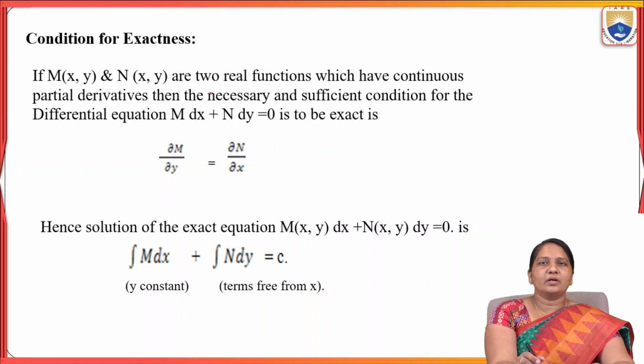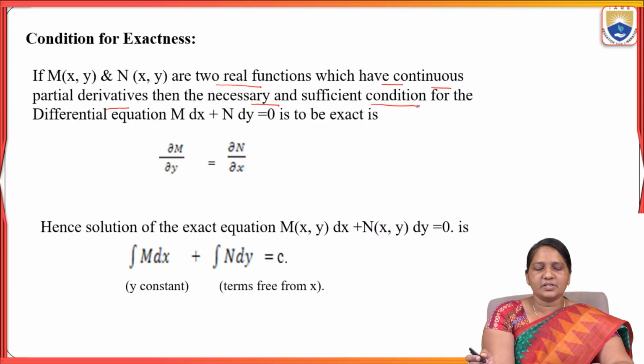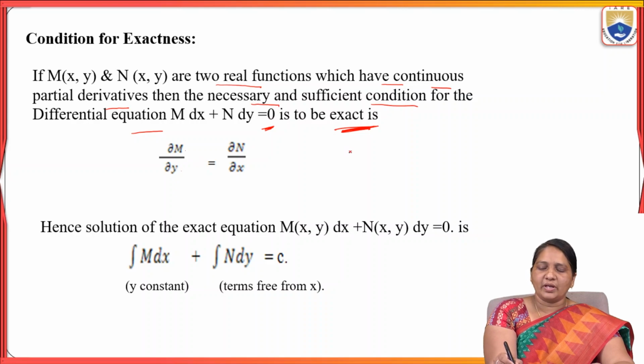If M of x comma y and N of x comma y are two real functions which have continuous partial derivatives, then the necessary and sufficient condition for the differential equation M dx plus N dy equal to 0 to be exact is dou M by dou y equal to dou N by dou x.